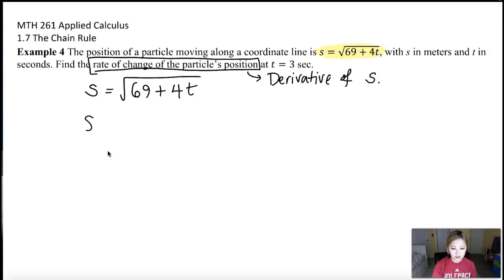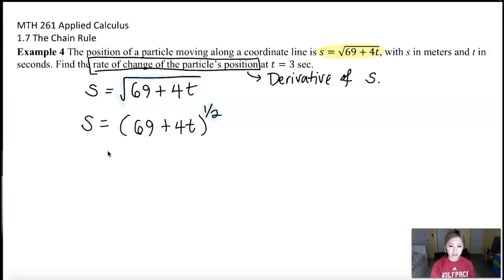So let me first write s as 69 plus 4t raised to the 1/2 power. That's the first thing that I always do. Whenever we have a square root expression, let's write it as the radicand raised to the 1/2 power, so that we can apply the power rule. So here we go.